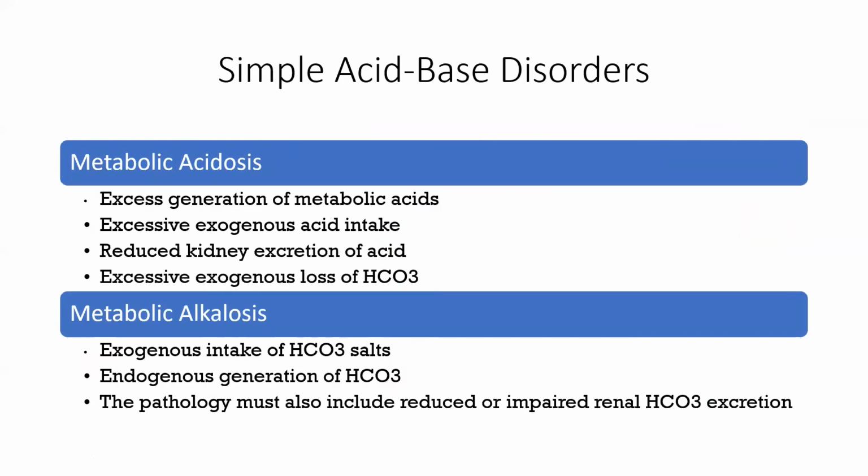In simple acid-base disorders, metabolic acidosis is mostly due to excess generation of metabolic acids, excessive exogenous acid intake, reduced kidney excretion of acid, or excessive loss of bicarb, while metabolic alkalosis is due to exogenous intake of bicarb salts, endogenous generation of bicarb, and the pathology normally includes reduced or impaired renal bicarb excretion. Later I will tell you a few causes of it.